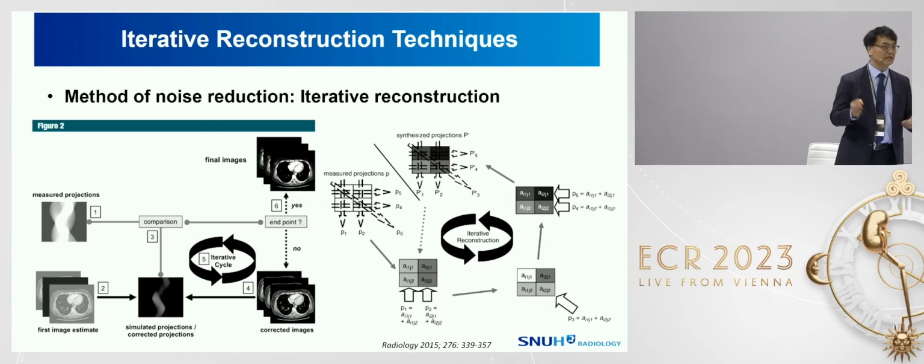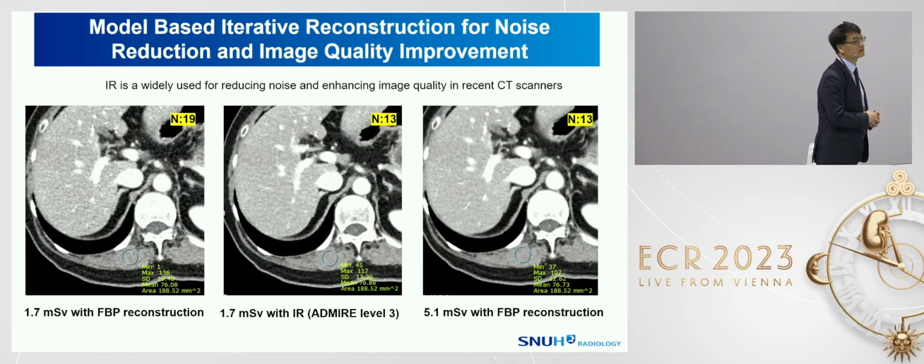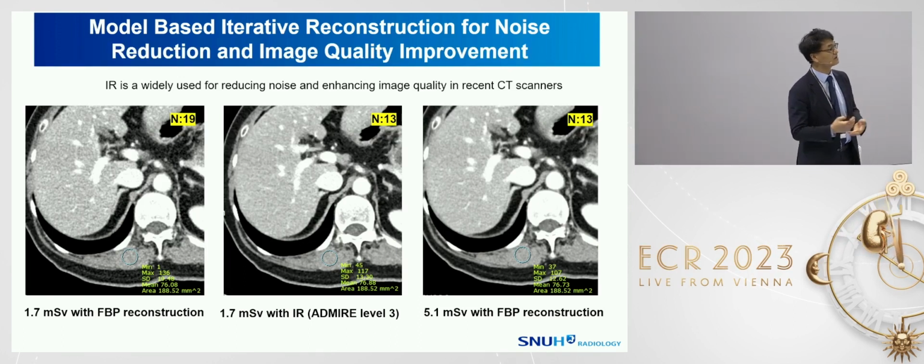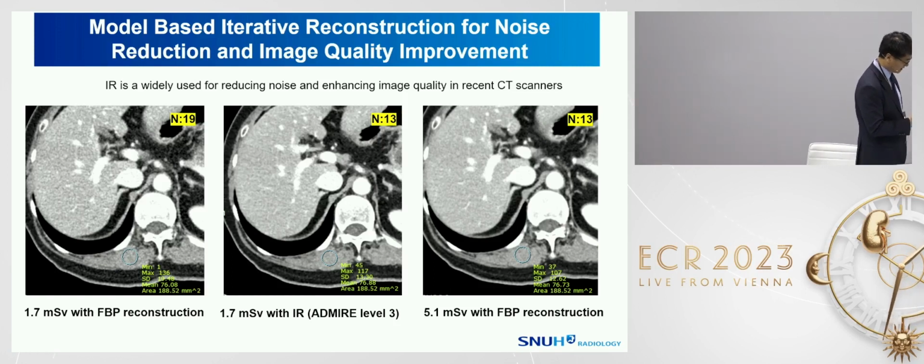As of now, many hospitals are using iterative reconstruction technology to reduce the image noise. Here you can see an example of MBIR, which is the most recent technique of iterative reconstruction. Here you can see the FBP reconstruction images. The 1.7 millisievert image is a relatively low dose CT exam, and you can see the noise level is 19.